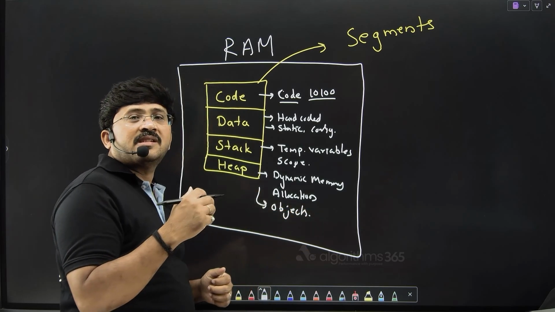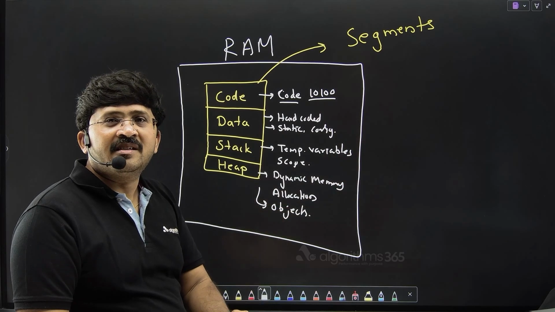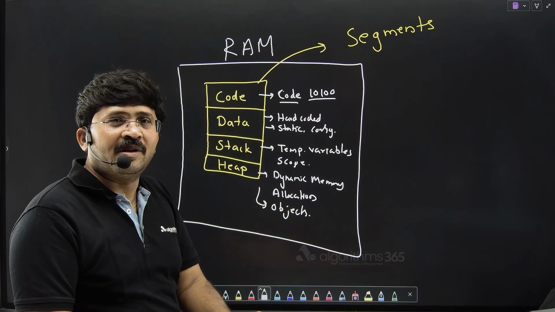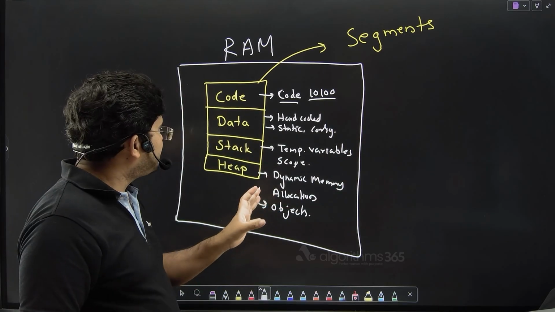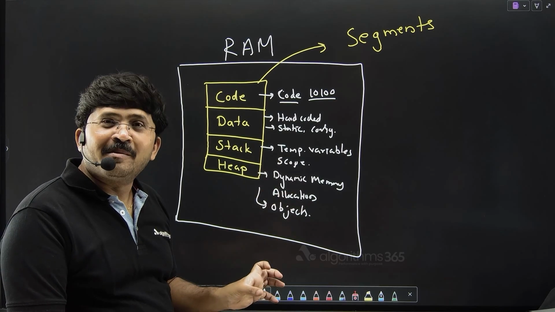When you learn engineering, you learn operating systems separately, programming languages separately, and object-oriented programming separately.